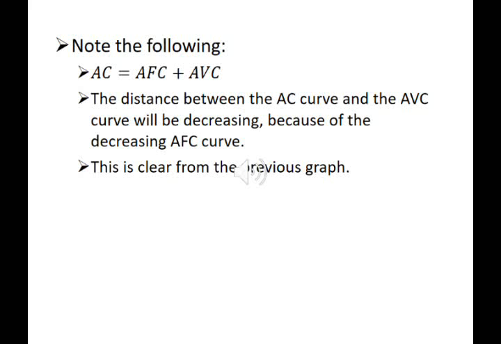And we know that the average fixed cost curve is a decreasing curve. So the gap between them will keep decreasing, because of the decreasing average fixed cost curve. This is clear from the previous graph, which I'm going to repeat in the next slide.